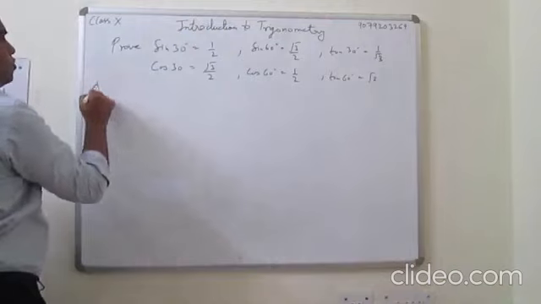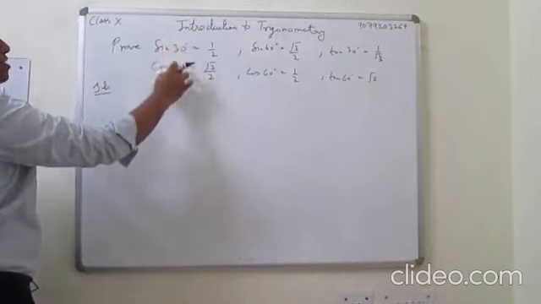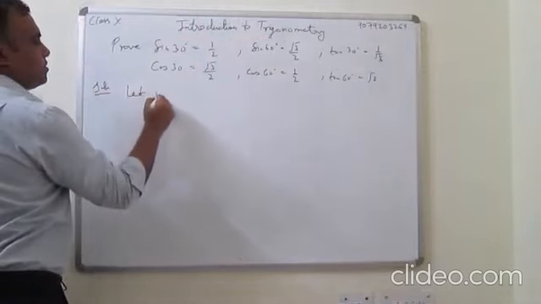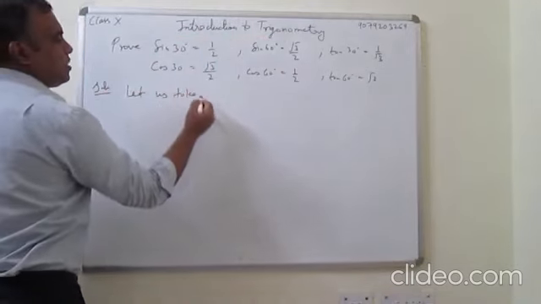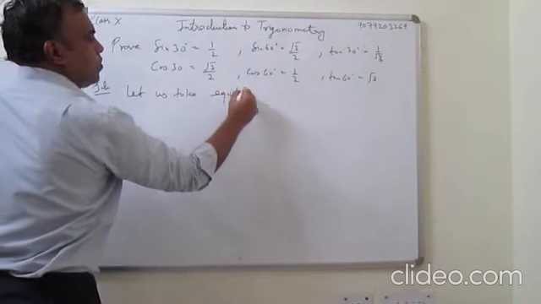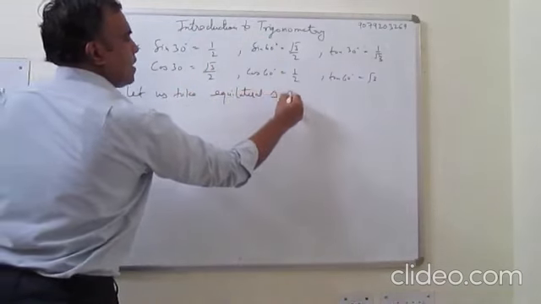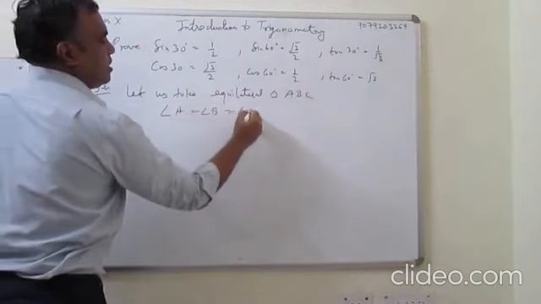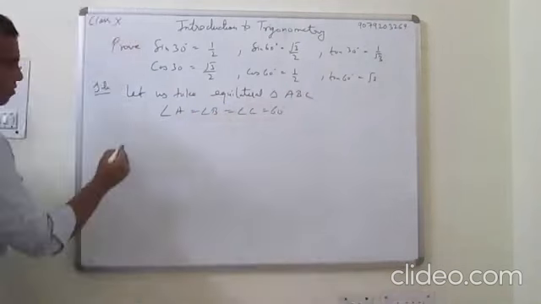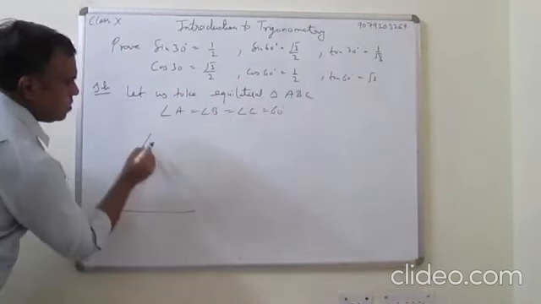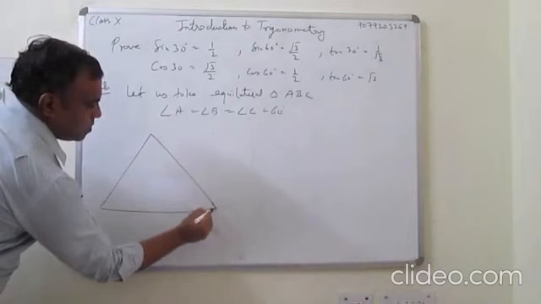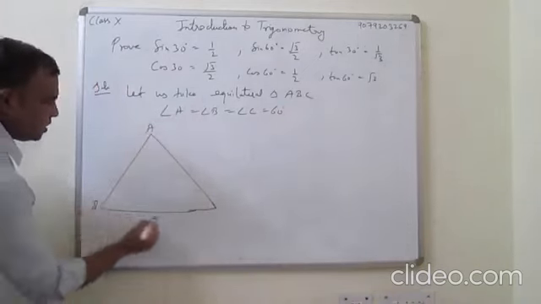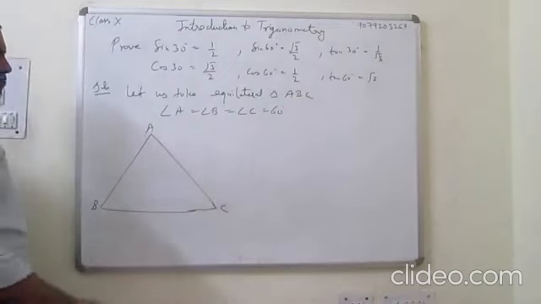Now solution, prove trigonometric ratios of 30 and 60. Let us take an equilateral triangle ABC, that is angle A, angle B, angle C is equal to 60 degrees. Draw. ABC is an equilateral triangle.